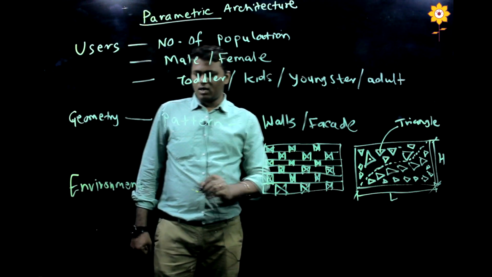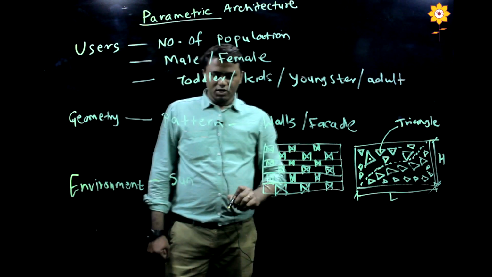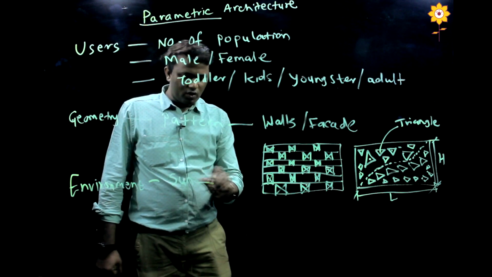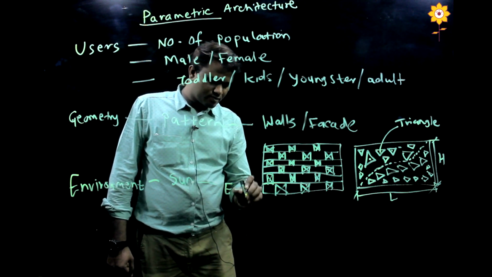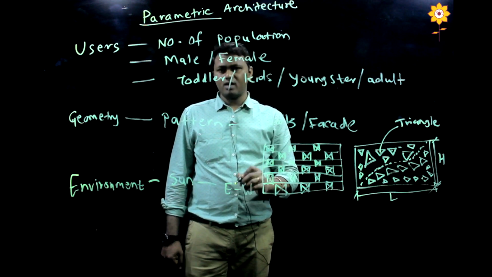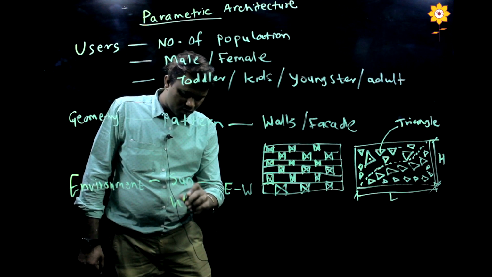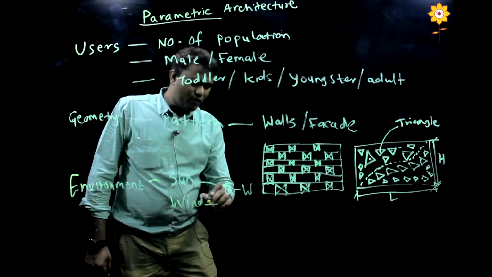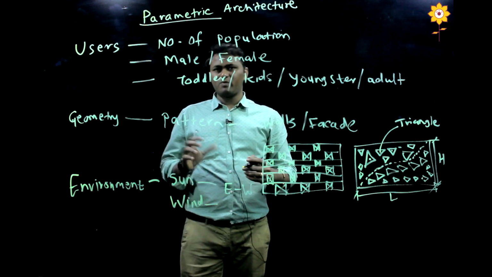In environment, first is sun. In sun, my design is oriented according to the sun direction, east to west, so my maximum facing is toward the south. And wind: in wind, you have to design the passages according to the wind intensity.